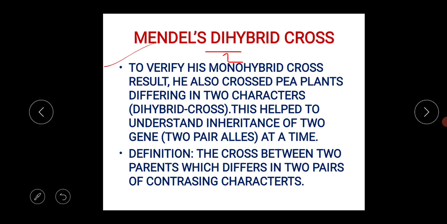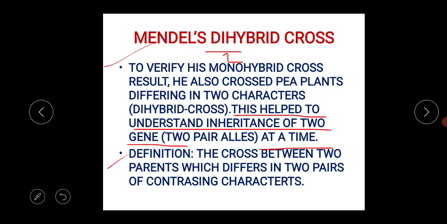Through this dihybrid cross, we could understand the inheritance of two genes at the same time. He discovered the inheritance process of two pairs of alleles. So what is the basic definition of Mendel's dihybrid cross?